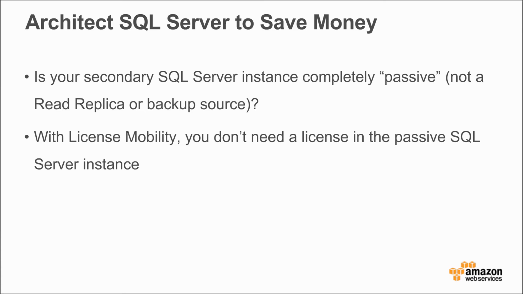And note that your passive instance should not even be used as a read replica. It has to be truly passive. There are many benefits to buying license included SQL Server from AWS, but this isn't one of them. So if you want to take advantage of passive licensing, you need to bring your own license and have Software Assurance.